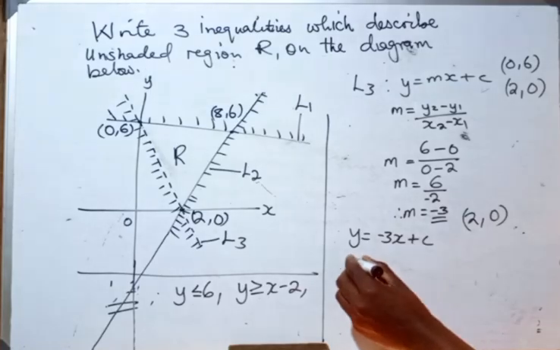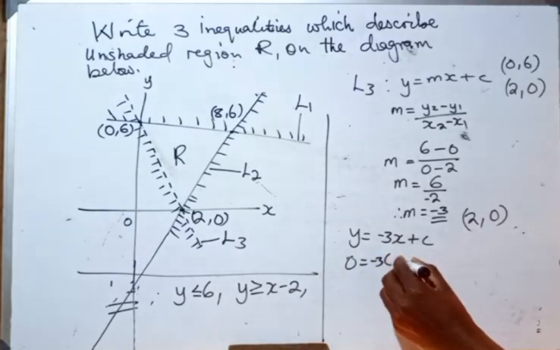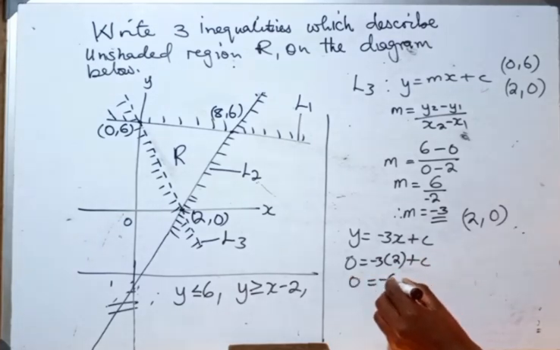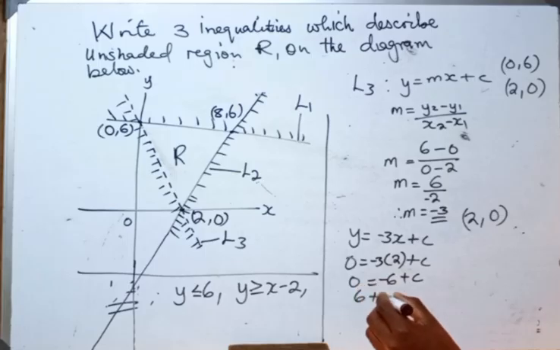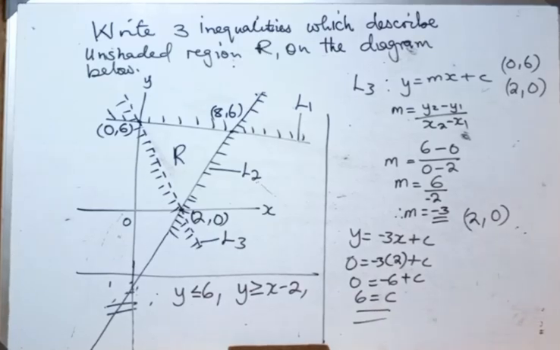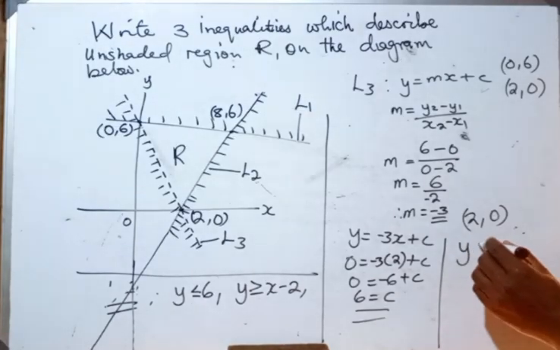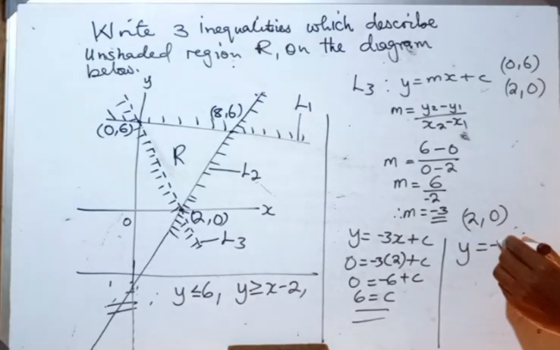So 0 equals negative 3 multiplied by 2 plus c. So 0 equals negative 6 plus c. This will be 6 equals c. So the value of c is positive 6. Therefore, y is equal to negative 3x plus 6.